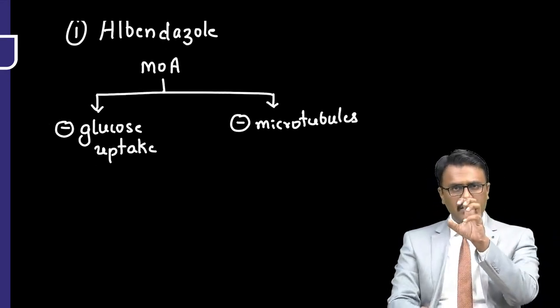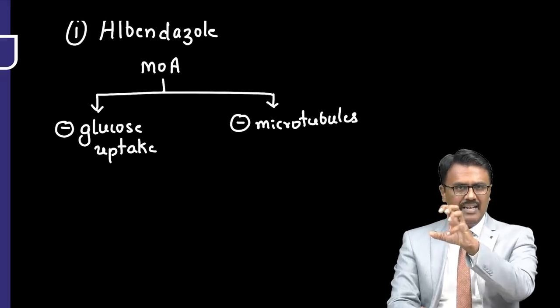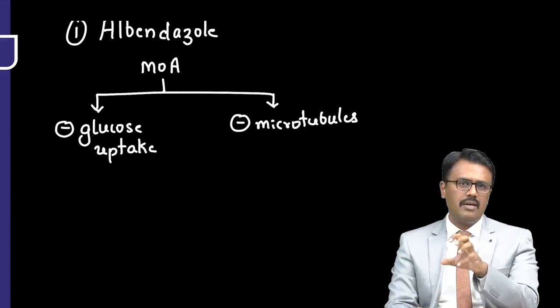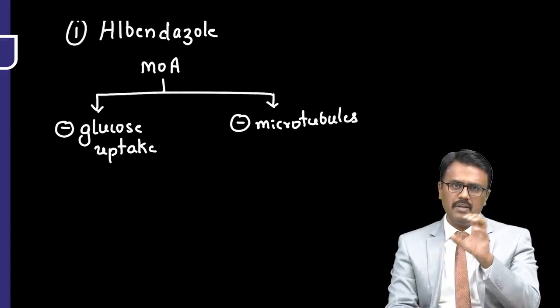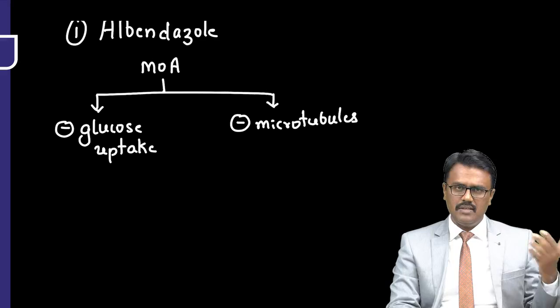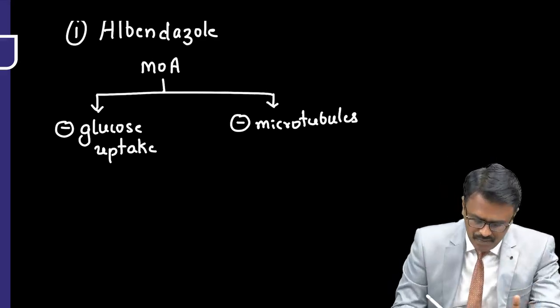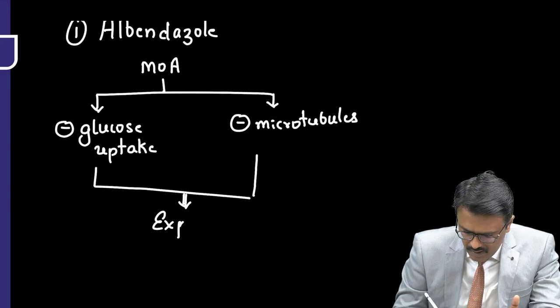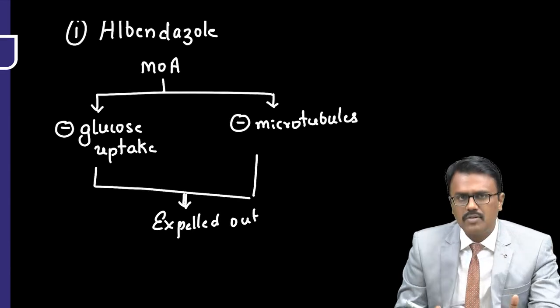Because of the microtubules, they hook and adhere to the intestine, and they also require energy. If you block the glucose uptake and the microtubules, they will leave their hold and pass out in the feces. So the helminths are expelled out, and that is the mechanism of albendazole.